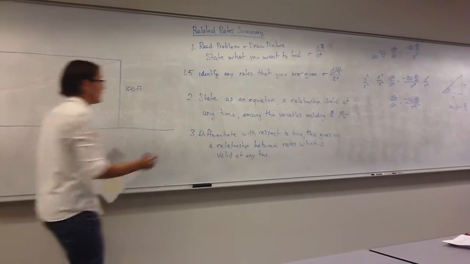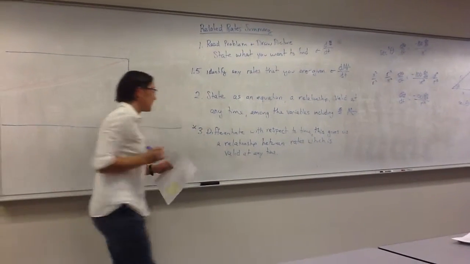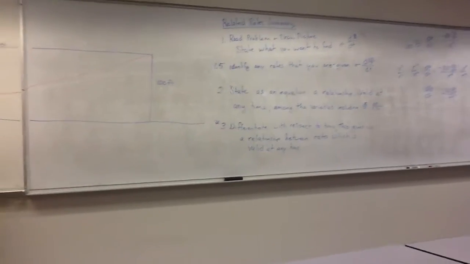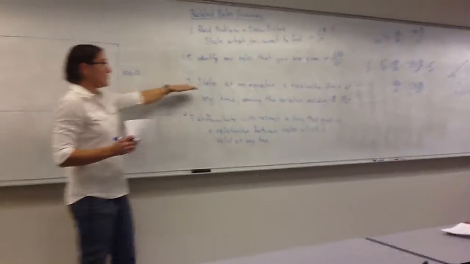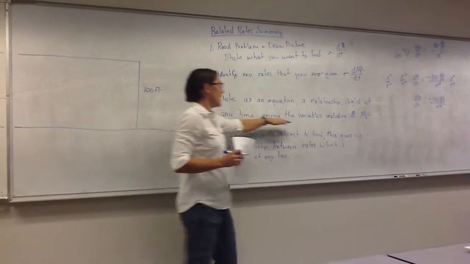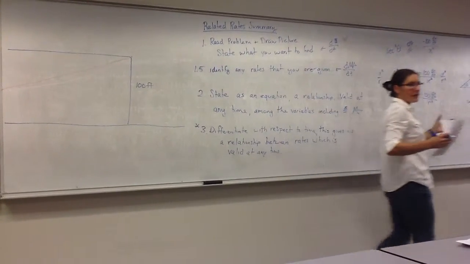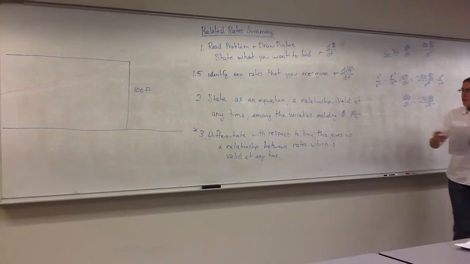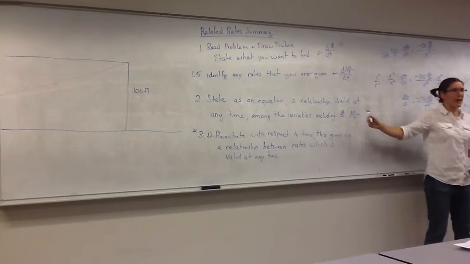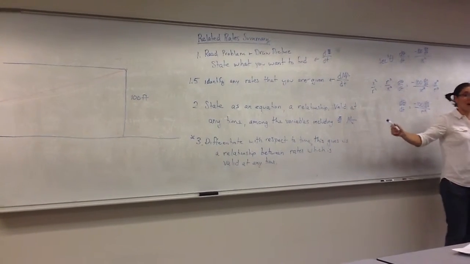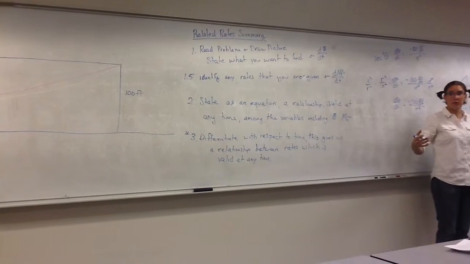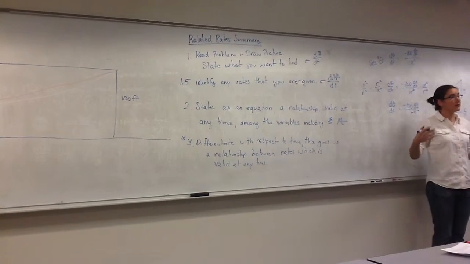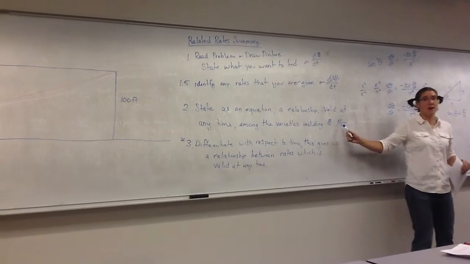All right, now I'm going to put a star on 3, and the reason I'm going to put a star on 3 is that when we write down our relationship in 2, we want to think of each and every one of these variables as functions of time. So anything that changes while your movie is going on in your head is a function of time.